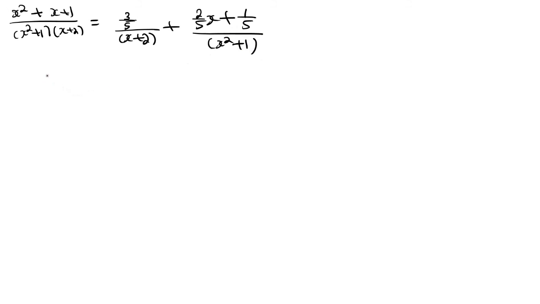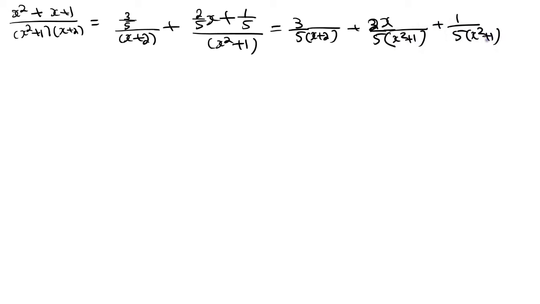Now integrate this one. You can separately write this like this. See, 3 by 5 into x plus 2, plus 2 by 5x, that is 2x by 5, into x square plus 1, and the next term we can write as 1 divided by 5 into x square plus 1. Okay, denominator same means you can split, right?